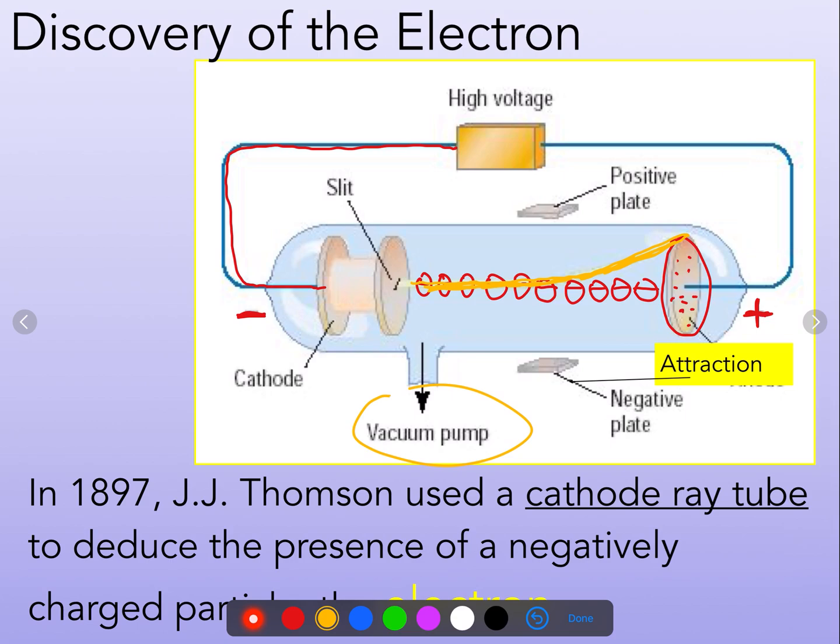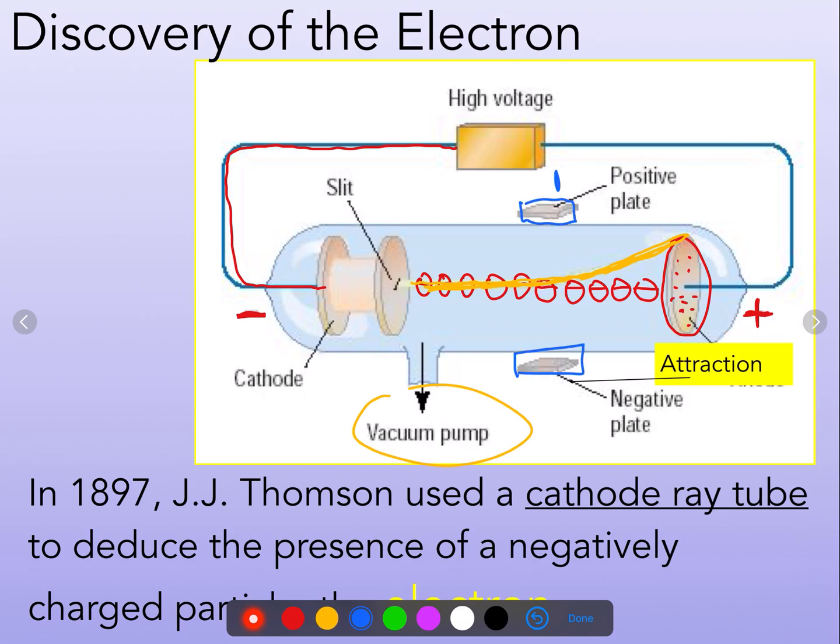If you look up when we're at school and you look at those fluorescent lights, the gas glows, and that gives us basically our lights in the class. What they did in this case is they removed all the gas because they didn't want that to glow, and they set up another plate here and another plate here.